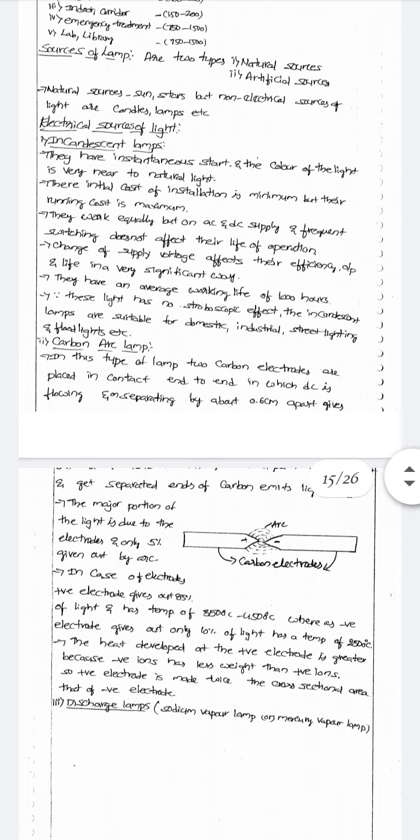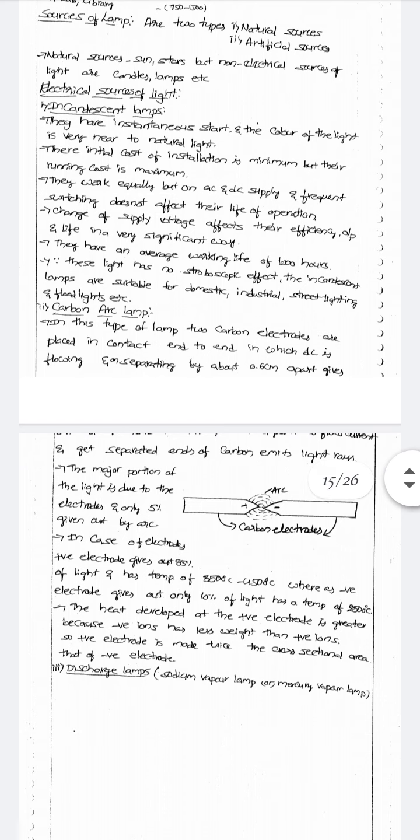This light has no stroboscopic effect. Incandescent lamps are suitable for domestic, industrial, street lighting and flood lighting, but they are majorly used in domestic applications only.